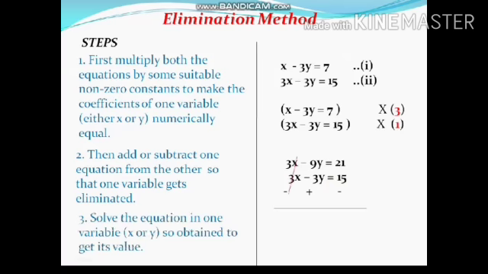Next step, solve the equation in one variable so obtain to get its values. So let's solve this. This minus 9y plus 3y you will get minus 6 and 21 minus 15 you will get 6. y equals 6 upon minus 6. The value of y is minus 1.